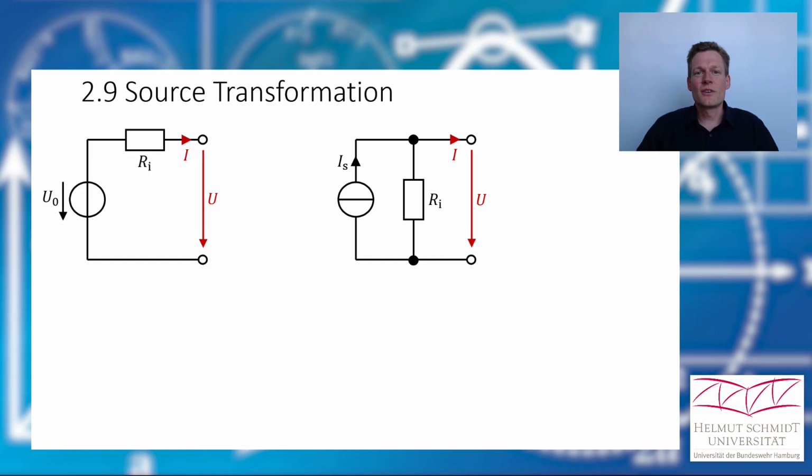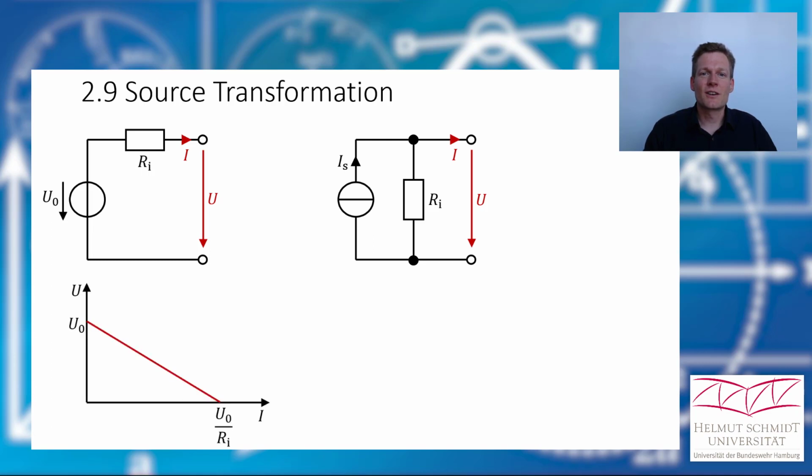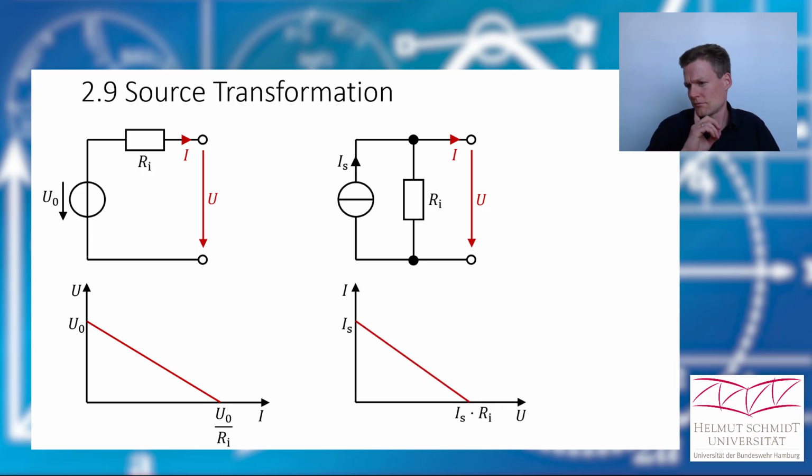Okay, I've shown you two different practical sources, the practical voltage source and the practical current source. The practical voltage source has this output characteristic, and the practical current source this one. They are identical.